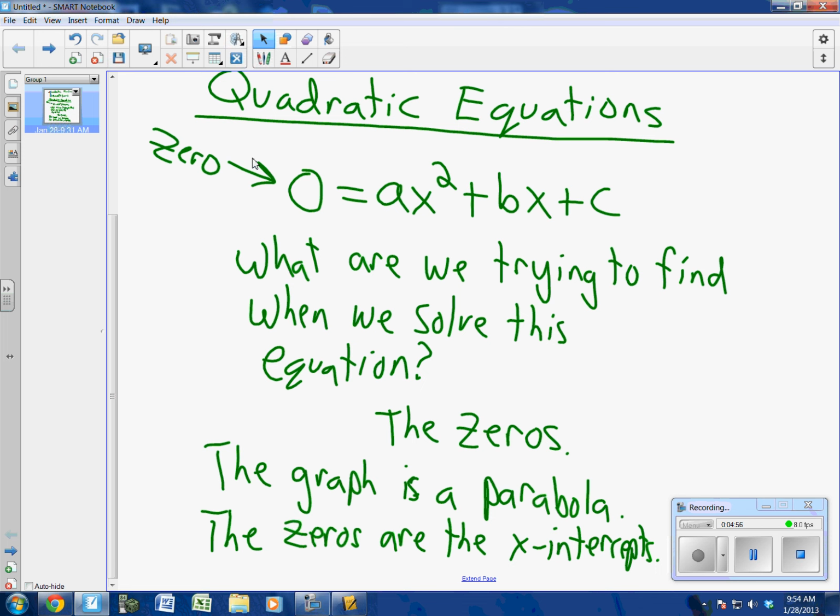Okay, one more time. Draw the x and y axes, Stephanie. Draw the x and y axes and draw a parabola that doesn't cross the x-axis. Okay, show it to your shoulder partner.